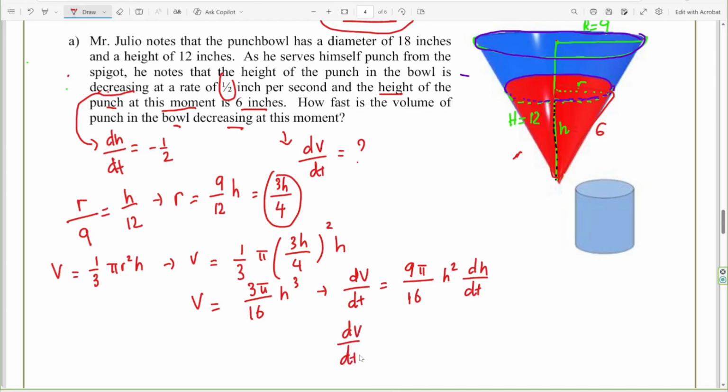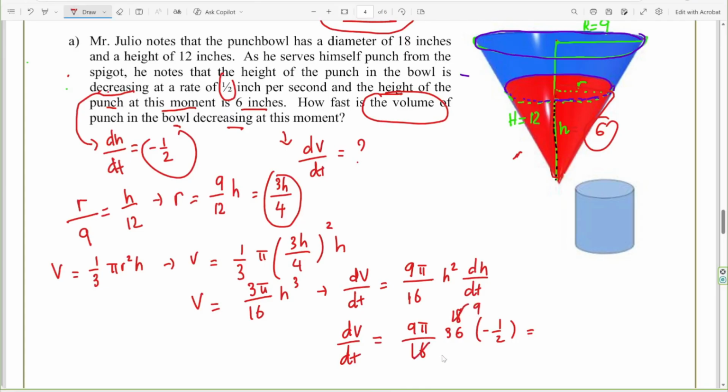dV over dt is what we need to find, and it equals 9 pi over 16. h equals 6 right here, so it's 36 times dh over dt, which is negative 1/2. If you simplify, 36 divided by 2 is 18, and 18 divided by 2 is 9.